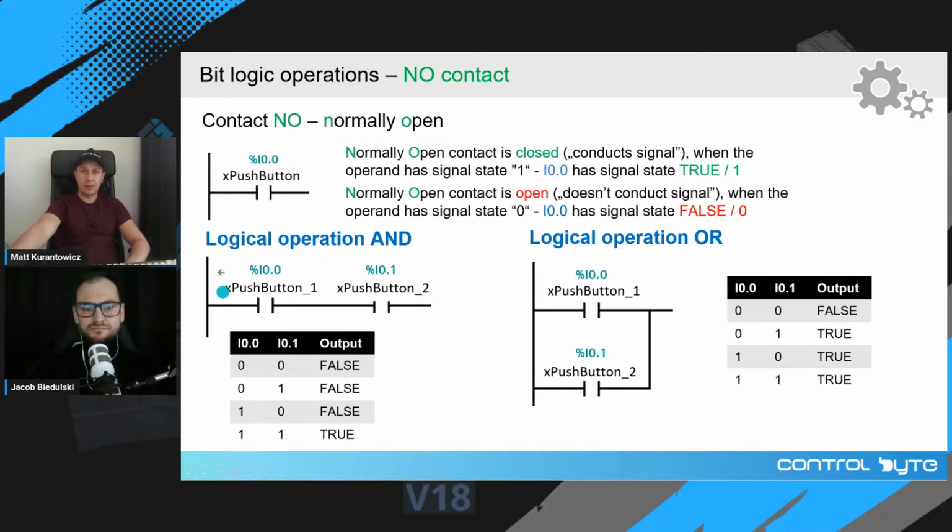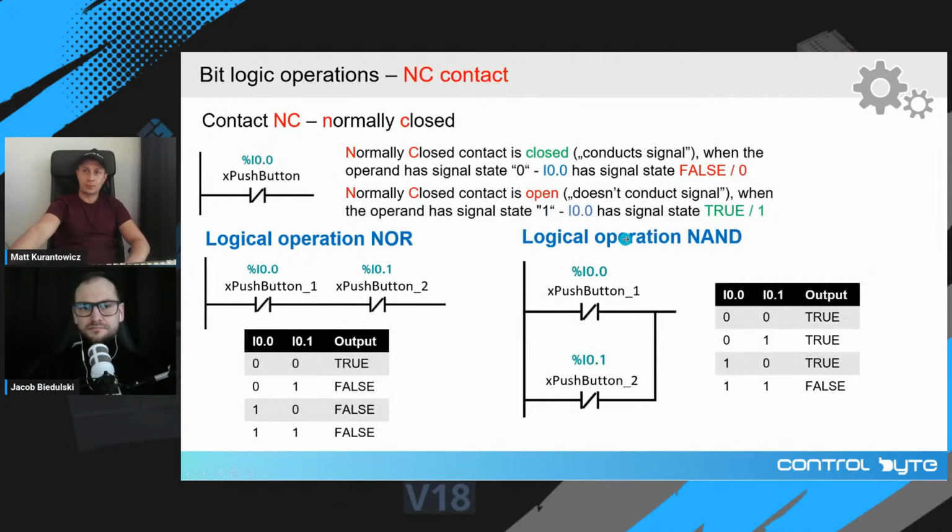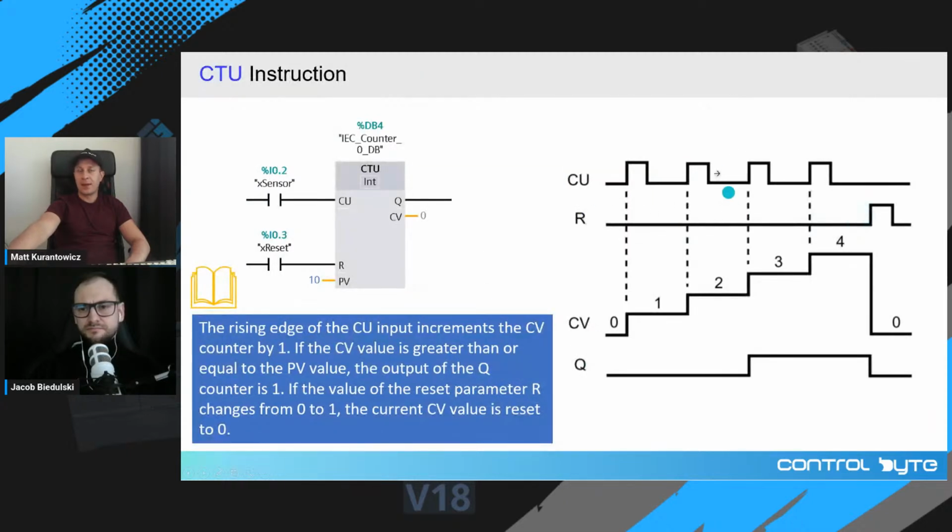You just simply connect two instructions, two buttons, in series, and here you connect two buttons in parallel. Another basic instruction is the normally closed contact, and of course we can create more logic gates. The next instruction is counter up, which counts up the signals on the CU input.